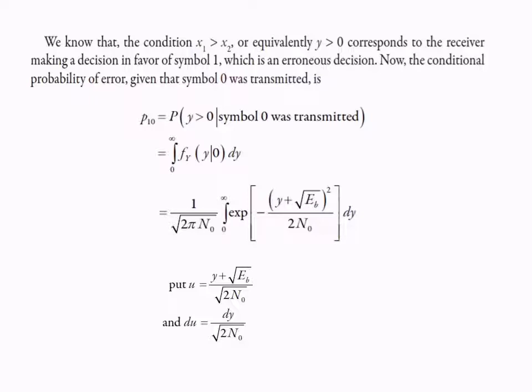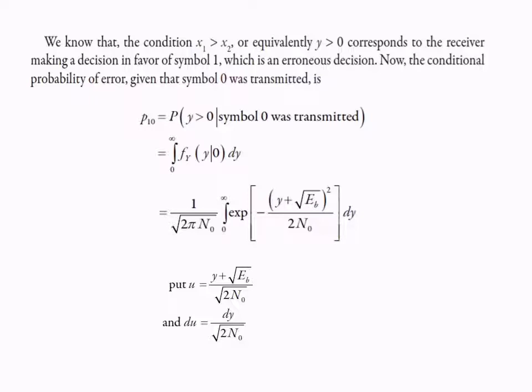As we have done for BPSK, we are again calculating for BFSK. The same procedure applies here. So p10 is equal to the integration from 0 to infinity of f_Y(y given 0) dy. Since y is greater than 0, we have an integral range of 0 to infinity.